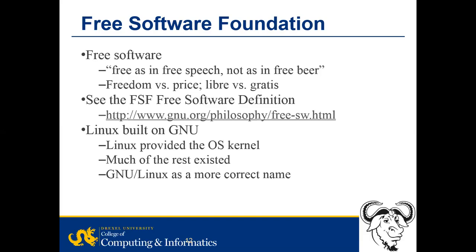And those two together are what we now refer to as the Linux operating system. Much of the software in the Linux operating system actually comes from Project GNU. And that was combined with the Linux kernel. And those two together are what people colloquially refer to as Linux.